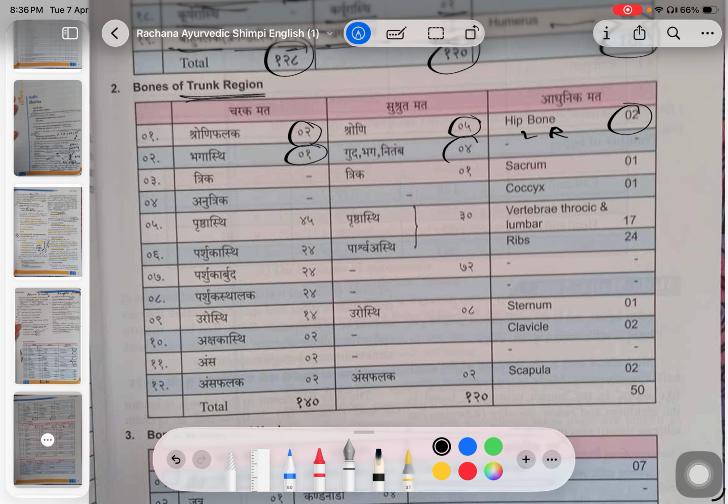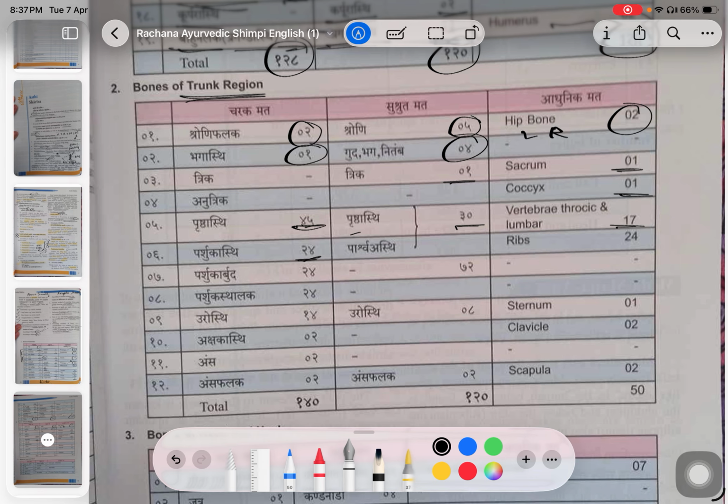Gud Bhagnitam, they have considered 4 together, not considered in modern. Trikasthi, not considered. Trik 1, sacrum 1. Anutrik, not considered. Coccyx 1. Prishthasthi 15, Prishthasthi 30. Vertebrae, thoracic and lumbar 17.